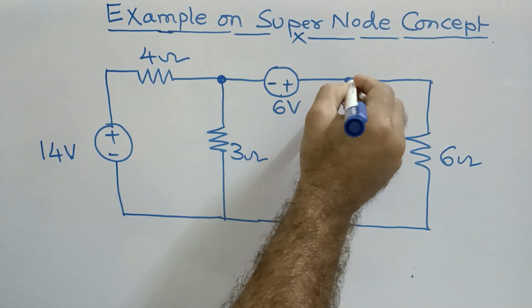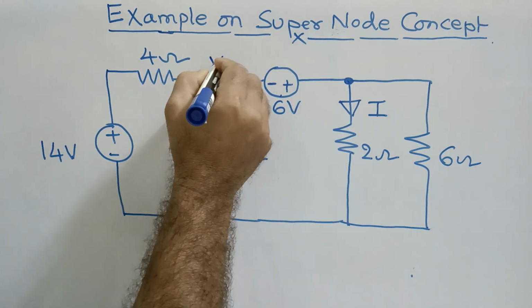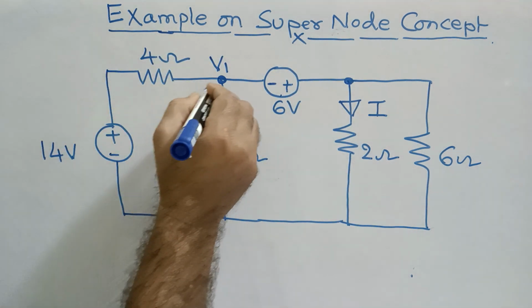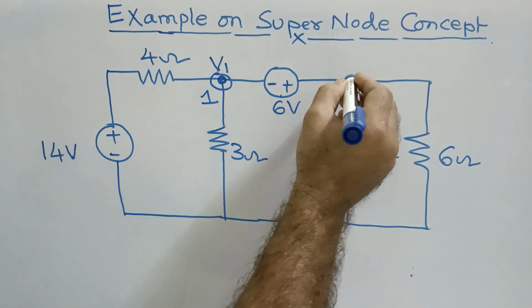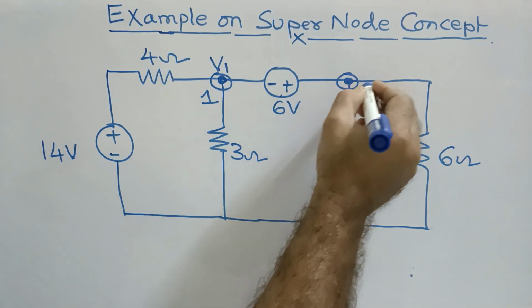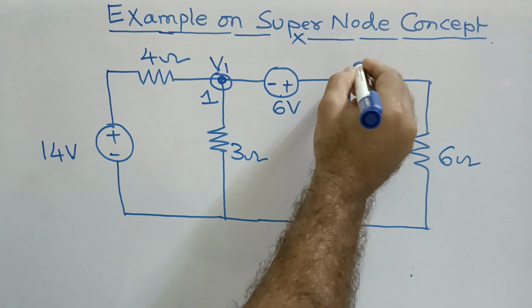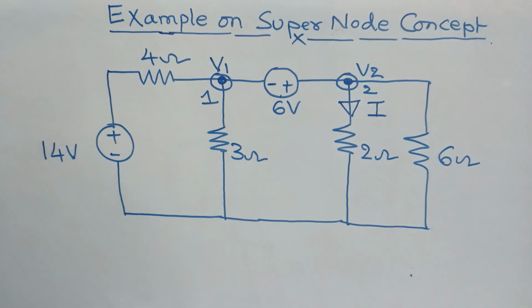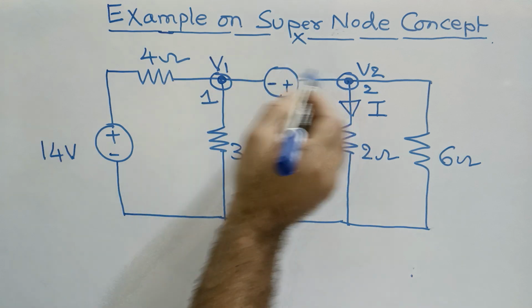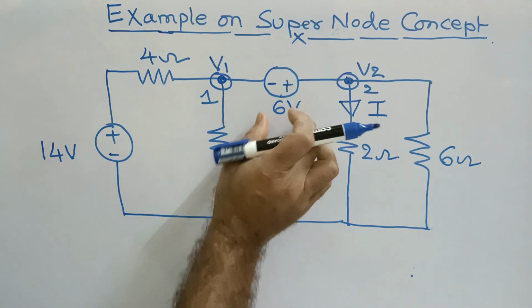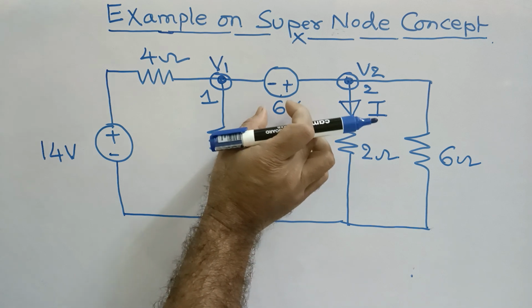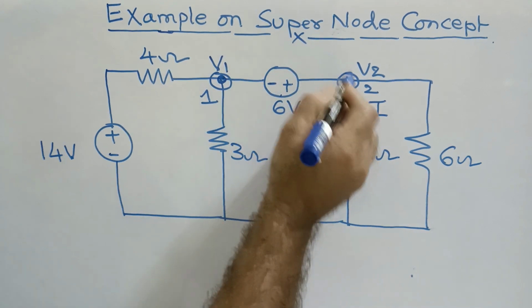Therefore here we can consider this as V1, node 1, where we have the voltage V1. This is node 2, where we have the voltage V2. In between these two voltages we have a 6-volt source which is common between the two nodes.